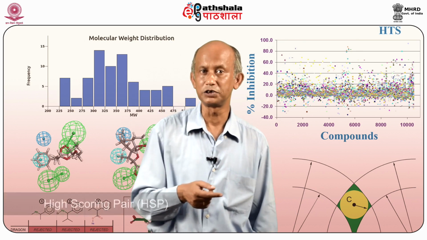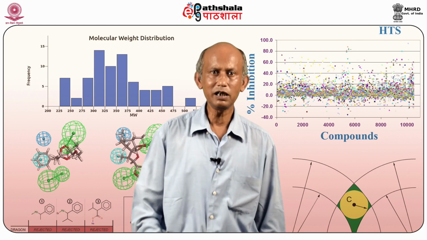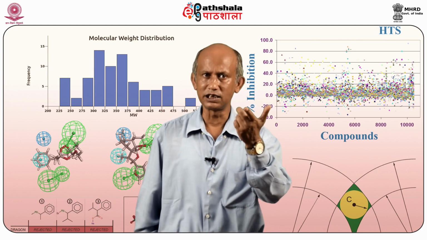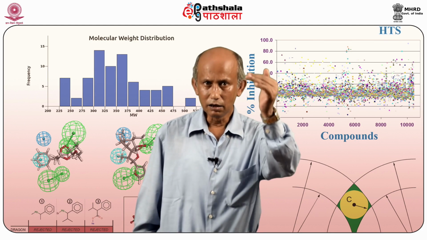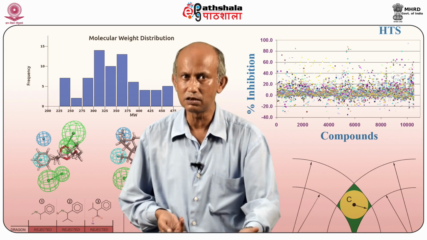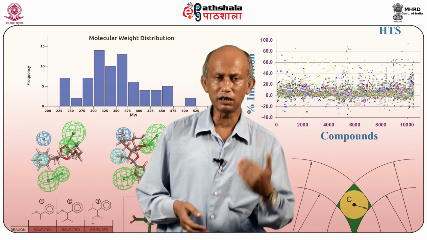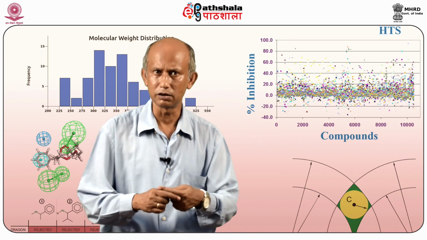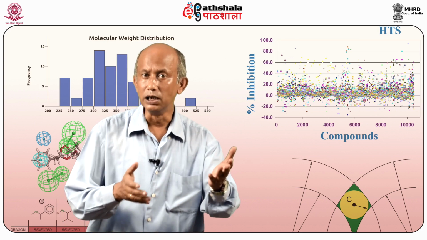And then finally you have the high scoring pair. When a database is being searched, BLAST would attempt to find a maximal segment pair, or MSP, for each sequence, and in the entire database, the highest scoring MSPs would be called HSPs. So that means for every sequence I can find out an MSP and I score them. Now in the entire database there are millions of sequences.